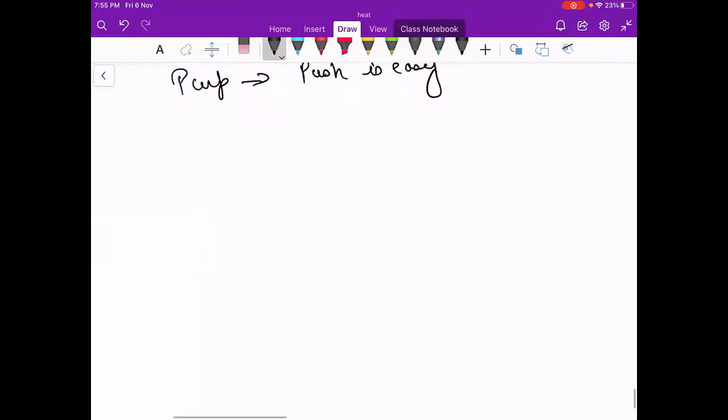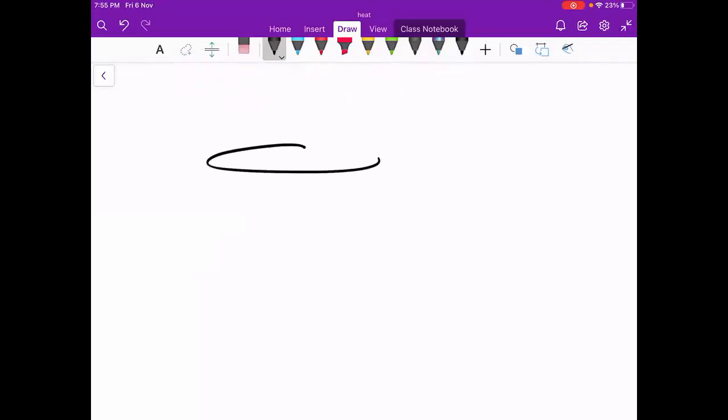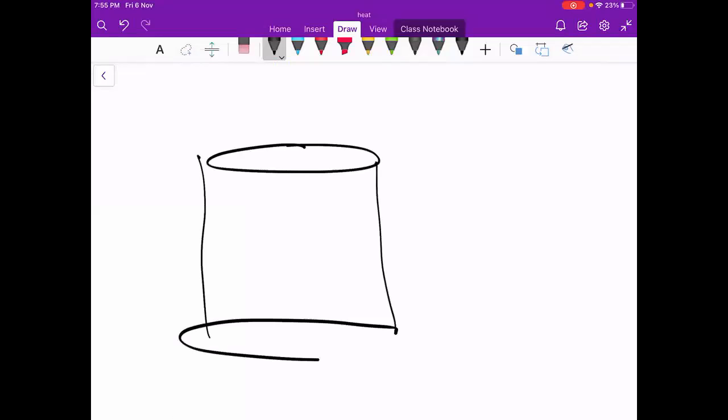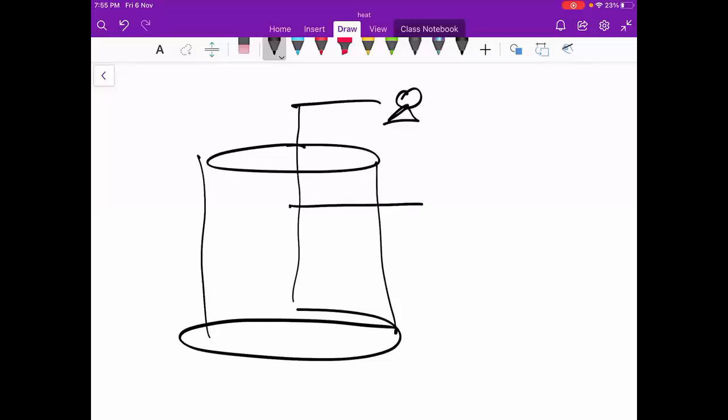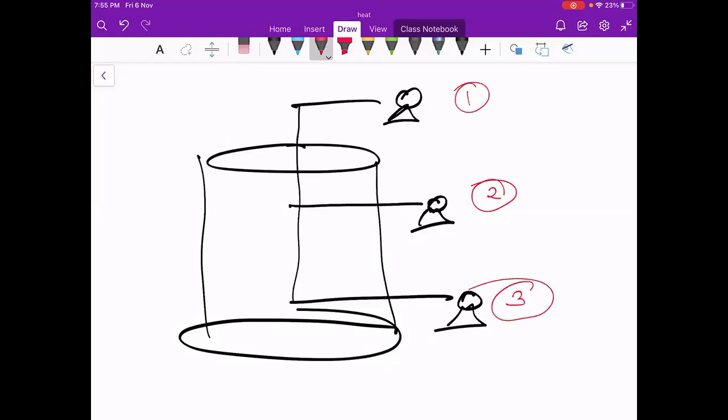So what this exactly means is that, suppose you have one column, and you have an option: you can put the pump here, or here, or here. You have three conditions: this is the first condition, this is the second condition, this is the third condition.